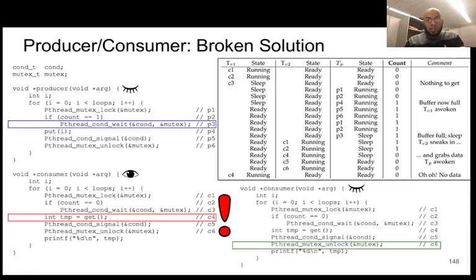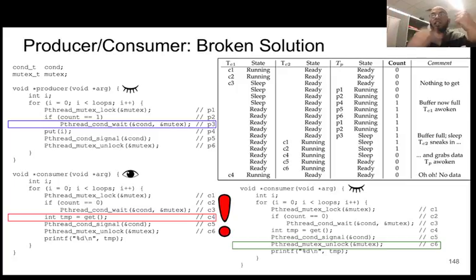What happened is that the second consumer grabbed the data that the first consumer was waiting for.